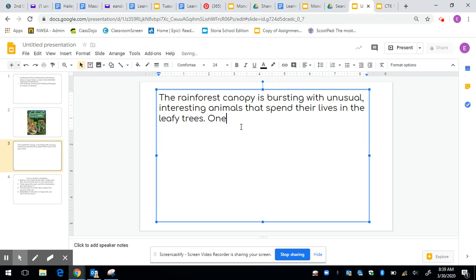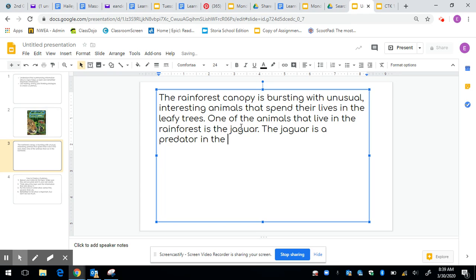So one of the animals that live in the rainforest is the jaguar. The jaguar is a predator in the rainforest. It eats deer, tapir, and was it turtles?